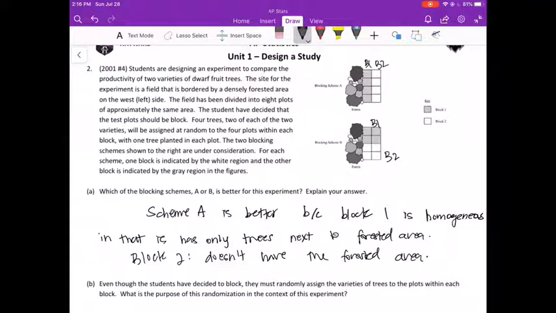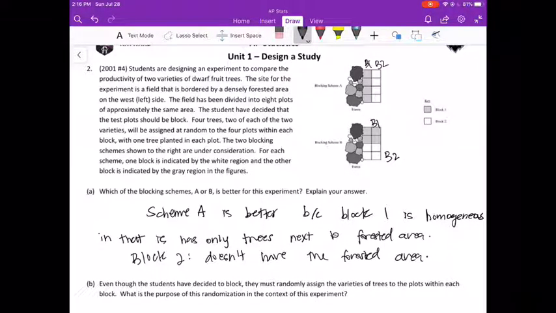If you had looked at schematic B, block 1 has both attributes, and block 2 also has both attributes, so there aren't homogeneous blocks. Okay.